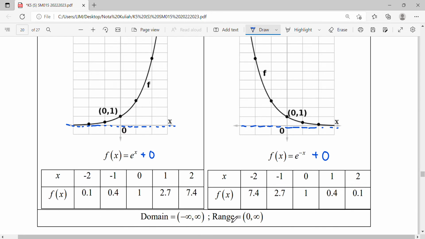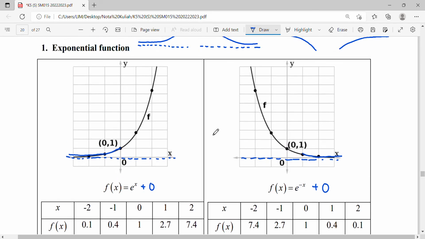Once you see your range is 0 to infinity, this is the graph shooting up. Positive power, shoot up to the right. Then negative power, shoot up to the left. So make sure you draw this asymptote. This is the place where the graph will go parallel, and then you only shoot up.